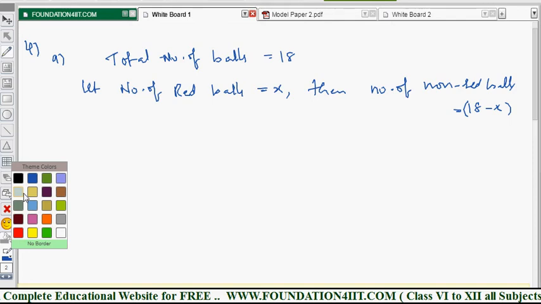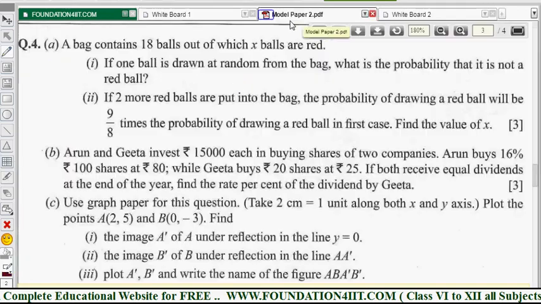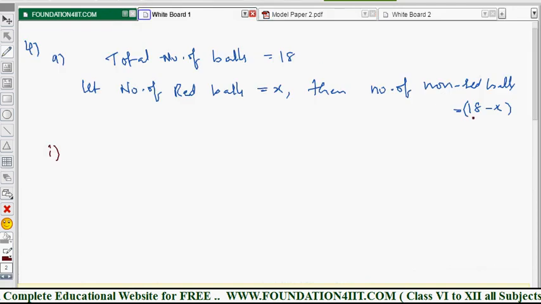Now let's take the first question. If one ball is drawn at random from the bag, what is the probability that it is not red? So not red is 18 minus x. Let P be the event that the ball drawn is not red.